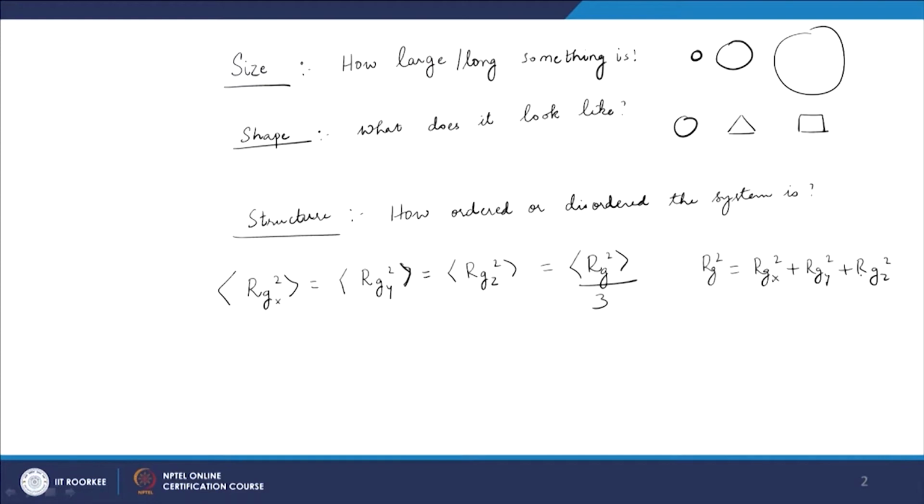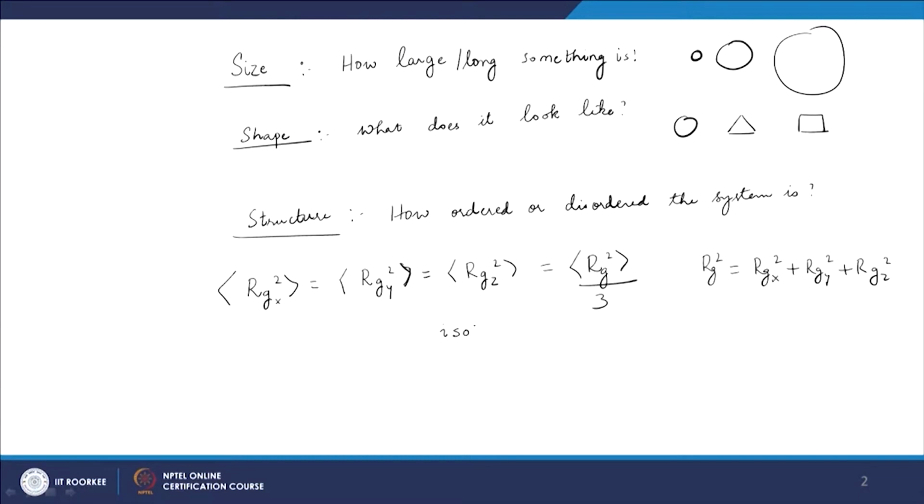So this particular assumption takes the chain to be isotropic, that is, there is no difference in the different dimensions, or it doesn't matter how I look at the chain, in every direction it will look identical.